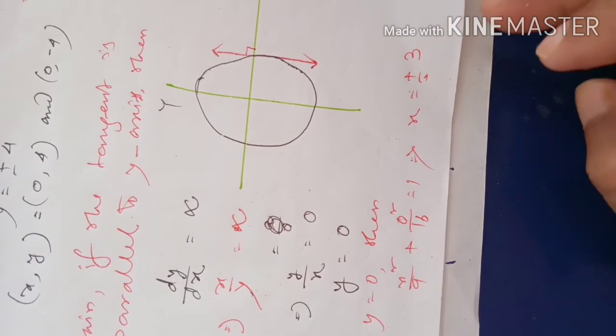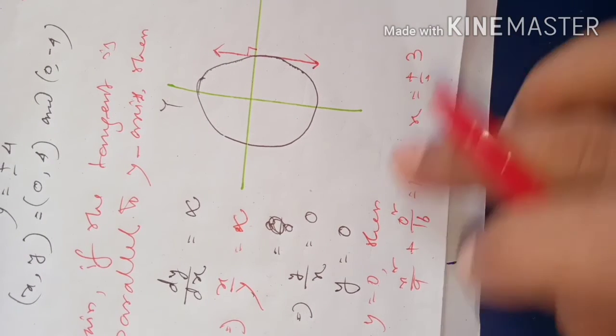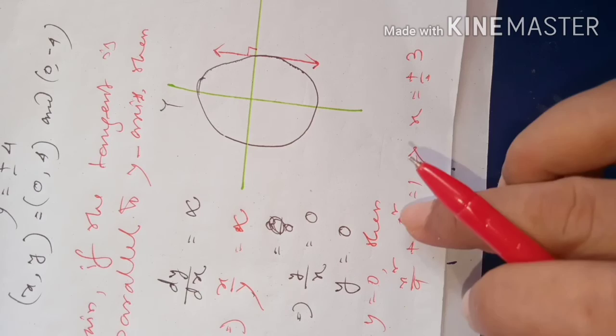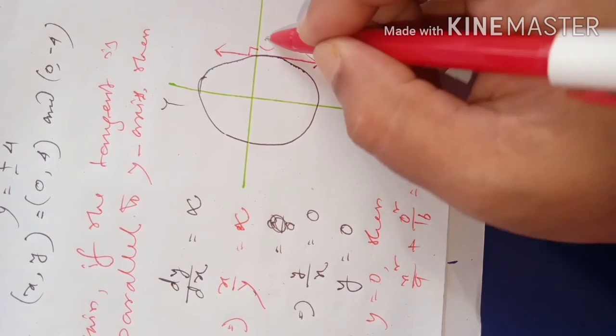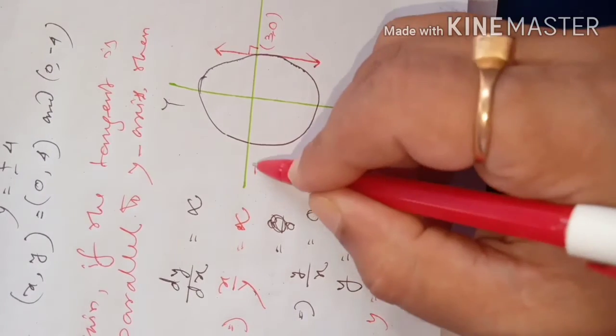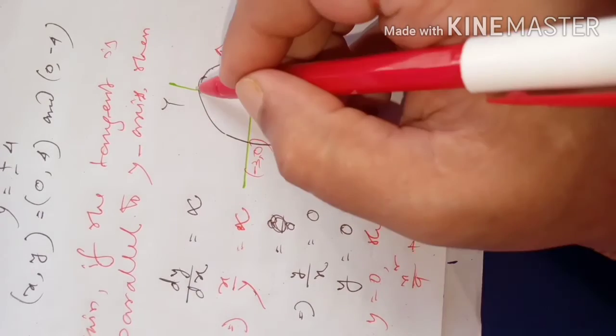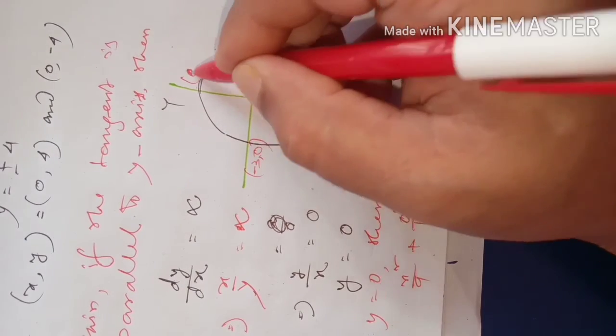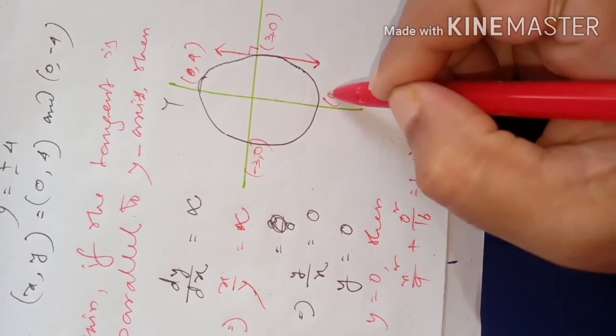So x is plus minus 3, that means one point will be 3, 0 and one point will be minus 3, 0, and the other points are 0, 4 and 0, minus 4.